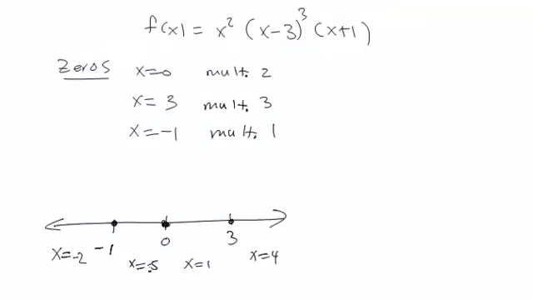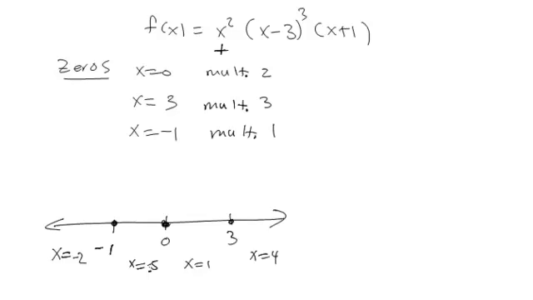So let's start with -2, since I'm testing something to the left of -1. If I sub in -2, notice for every one of these numbers the first factor, x squared, is always going to be positive, because it's being squared.